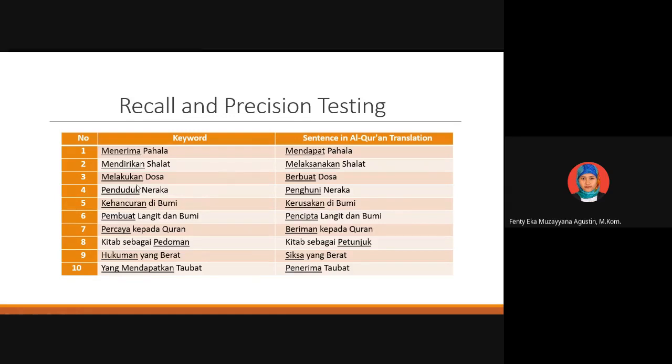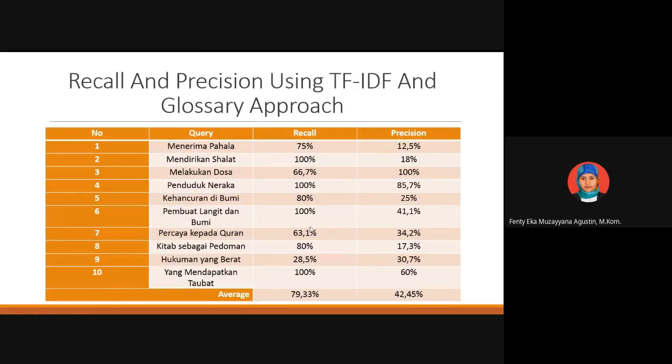But this recall and precision, and the relevancy of the searching result, have been validated by the Quran expert. This is the comparison of recall and precision using TF-IDF and the glossary approach.